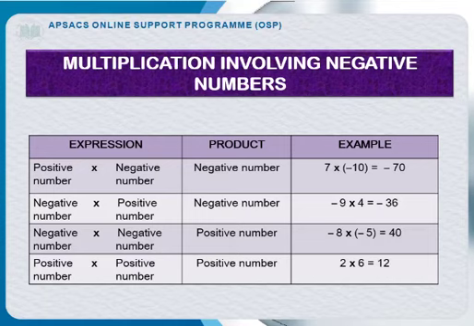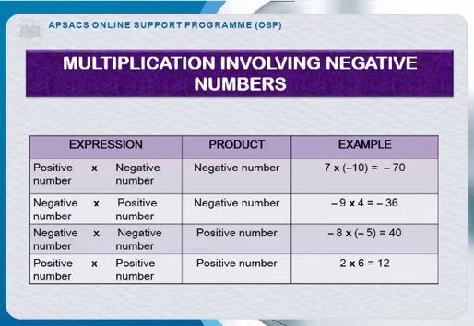Now the rule number 2 is, if we multiply a negative number by a positive number, the product is again a negative number. Now here is an example. If we have -9 and we are multiplying it by 4, we'll get minus plus minus, 9 4s are 36. So -36 is the negative number.